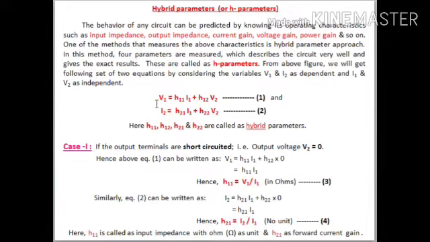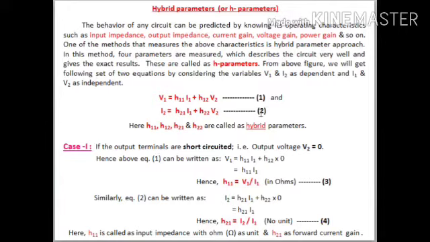Here we write the input voltage V1 in terms of current I1 and voltage V2. Similarly, the output current I2 is written in terms of I1 and V2. So the equation becomes I2 equals H21 I1 plus H22 into V2. Let's take this as equation 2.